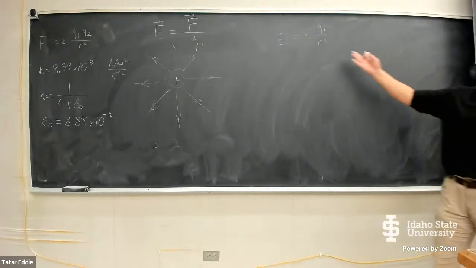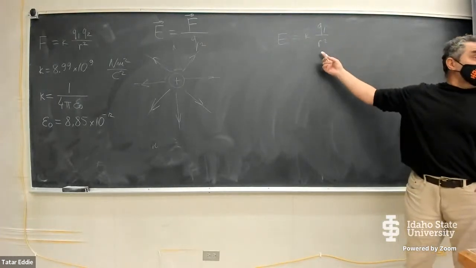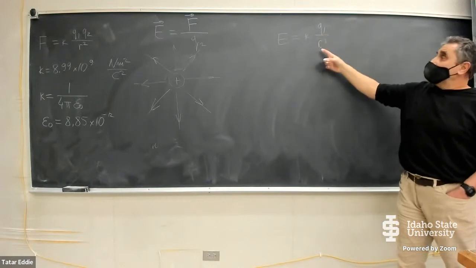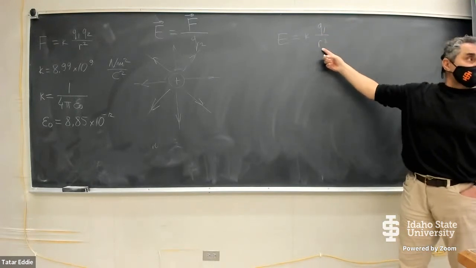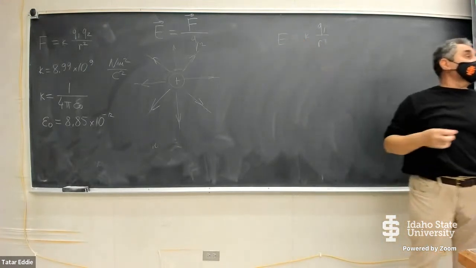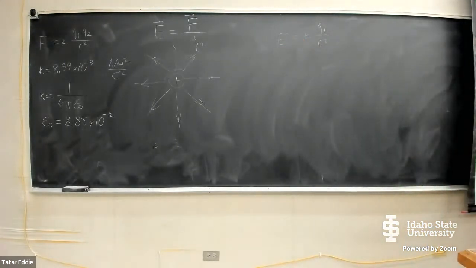So this formula tells you that the closer you get to the source, R becomes smaller, and therefore the electric field is going to be stronger. The closer you are to the source, the stronger the electric field.